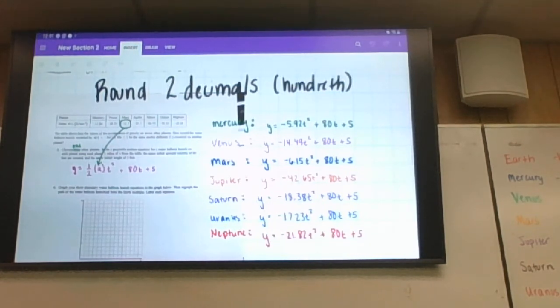I'm just gonna get to it. Let me try 0.83 times 0.83. Here, I'm just gonna do 0.83 and then multiply by negative 21. I'm gonna check Jupiter. Negative Jupiter 15.0. Jupiter has the largest amount of gravity.